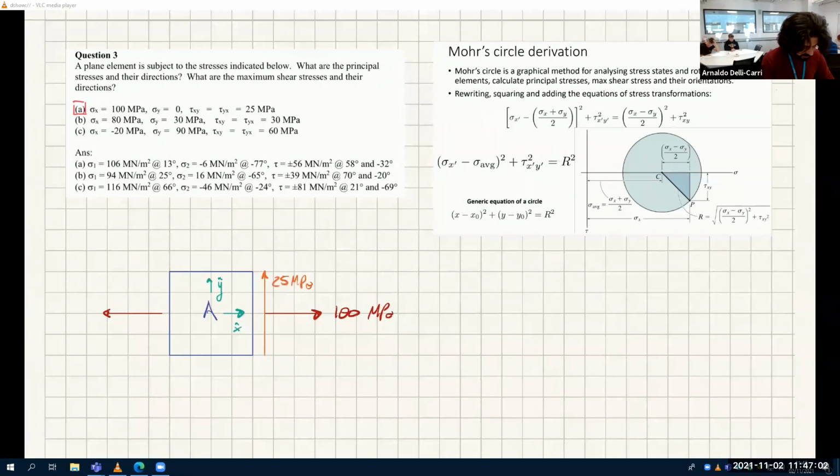And of course, if this is like that, you have one like this, and then you have one like this, and one like this. This is the infinitesimal element.